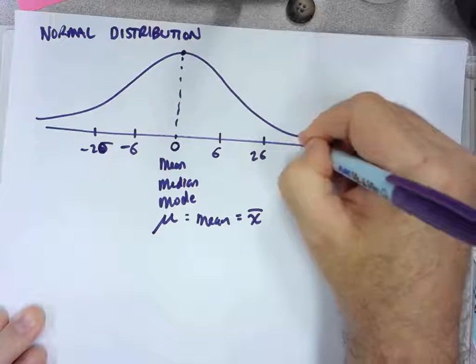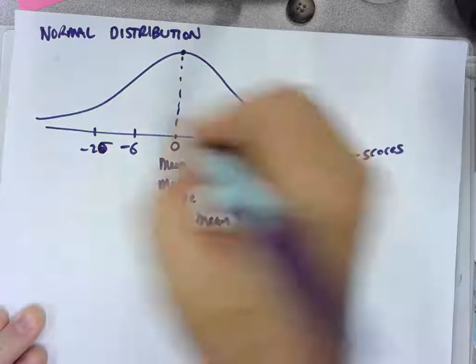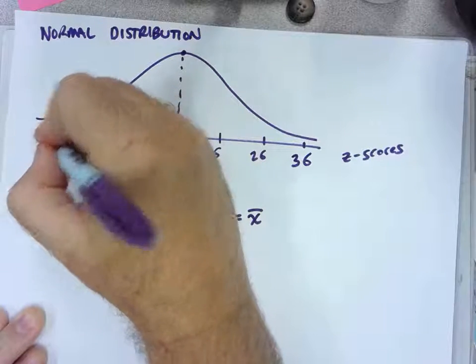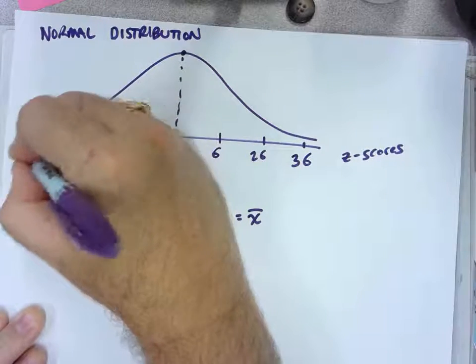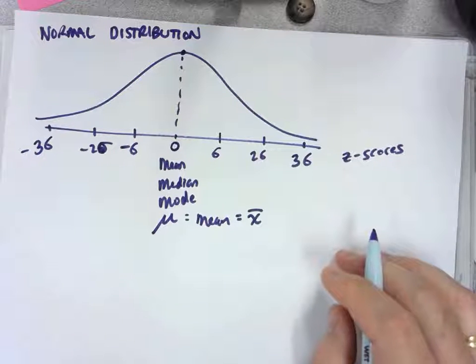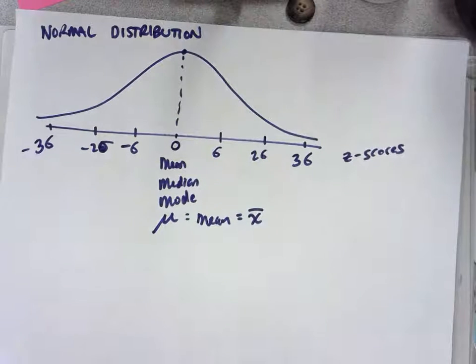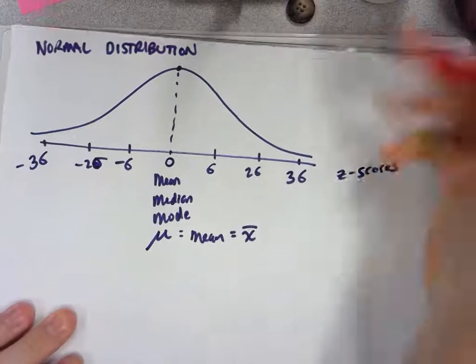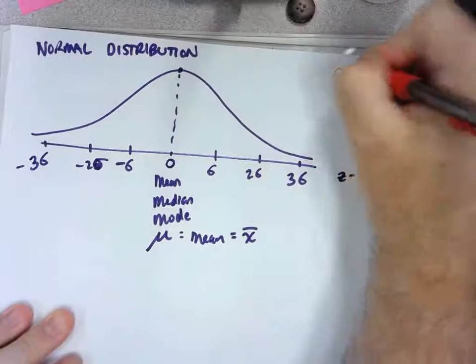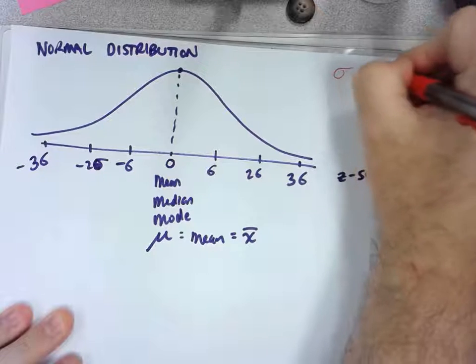And then over here again, I have 3 sigma and negative 3 sigma. Is that sigma or 6? It's a sigma. This right here is sigma.